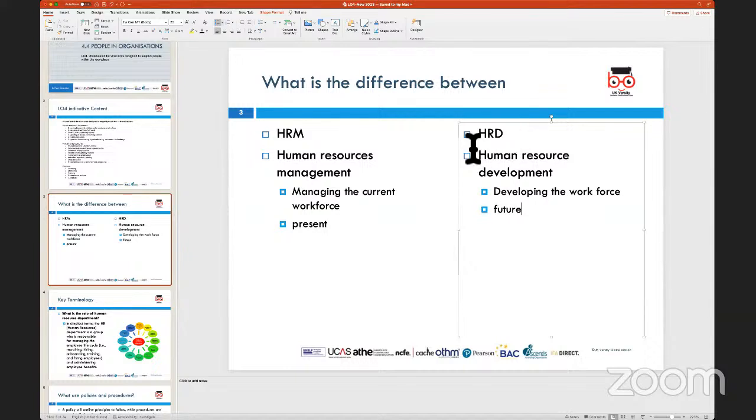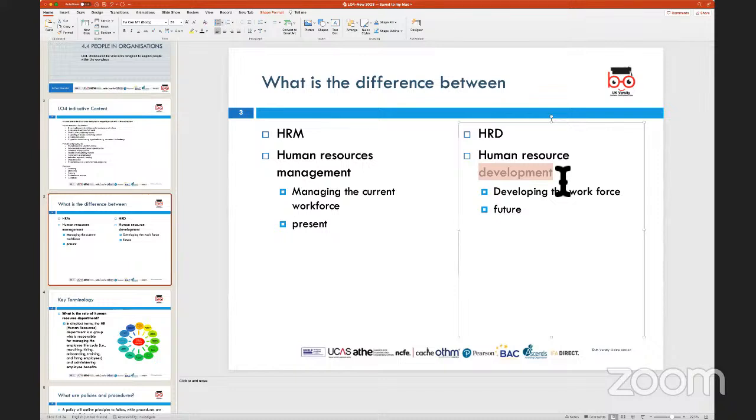When we talk about human resources management, we are talking about the function which looks after the current people who are enrolled and employed within the organization, have a contract, and are being supported by you as an HR manager or as a person within HR to help them do their roles and responsibilities. When we talk about HRD, we talk about development. So the key word here is management versus development. Here you manage, and here you're looking at developing the workforce for future requirements of the company.